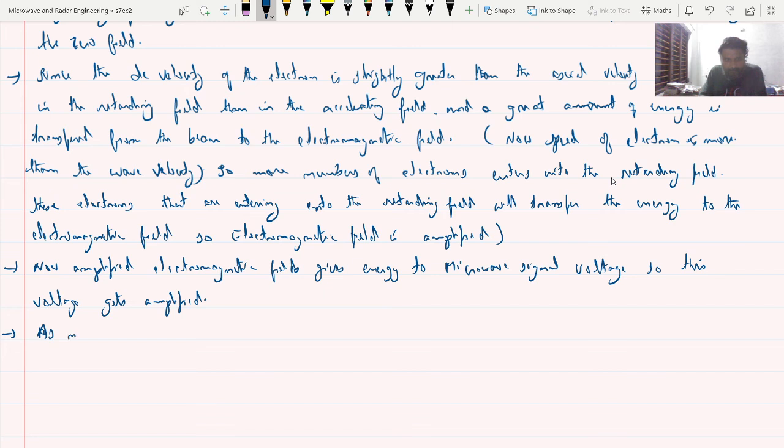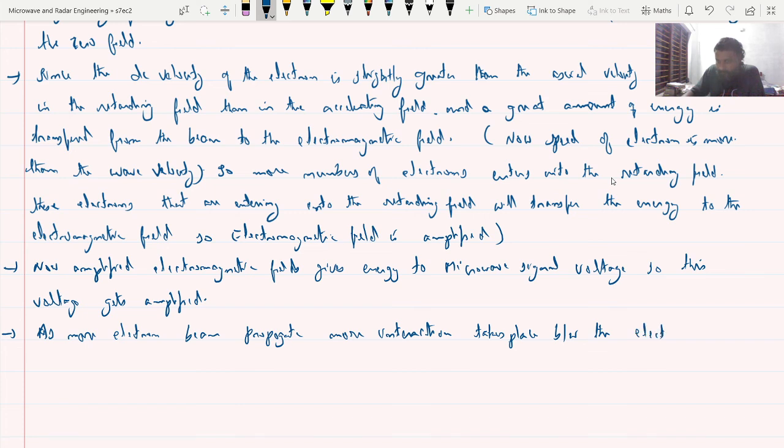As more electron beams propagate, more interaction takes place between the electron and the electric field.